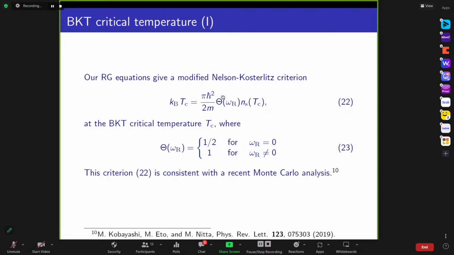And also in this case, however, there is this function theta, which is equal to 1/2 if the Rabi frequency is 0, and instead 1 if the Rabi frequency is different from 0. And again, this result is consistent with the recent Monte Carlo calculations.